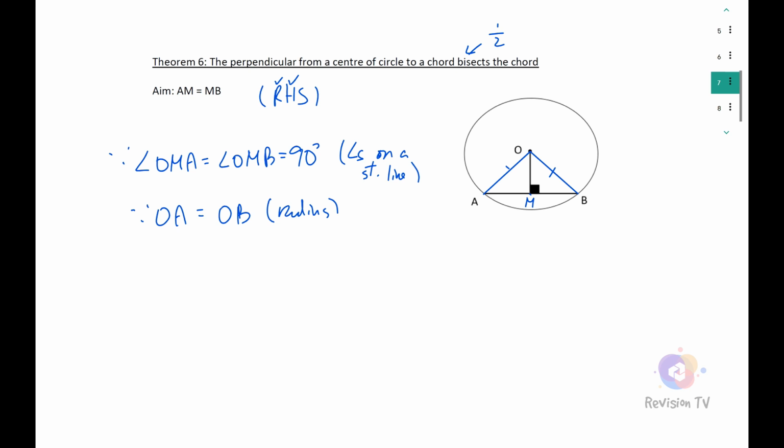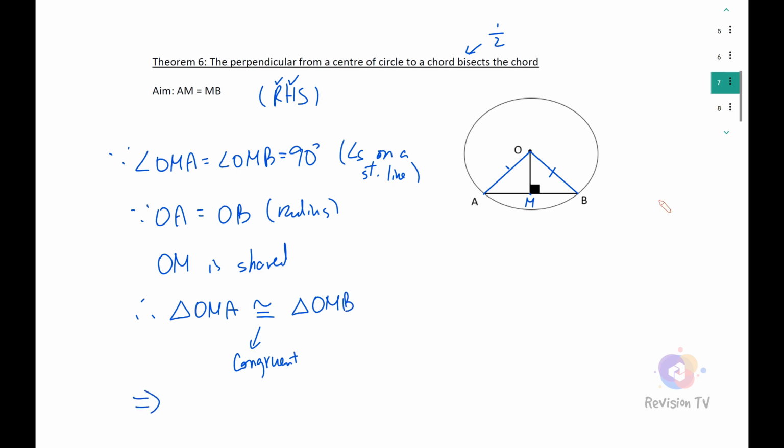We use OM, and because OM is shared, therefore triangle OMA is congruent to triangle OMB, and what it implies is AM equals MB. That's our A, and we've proven it.